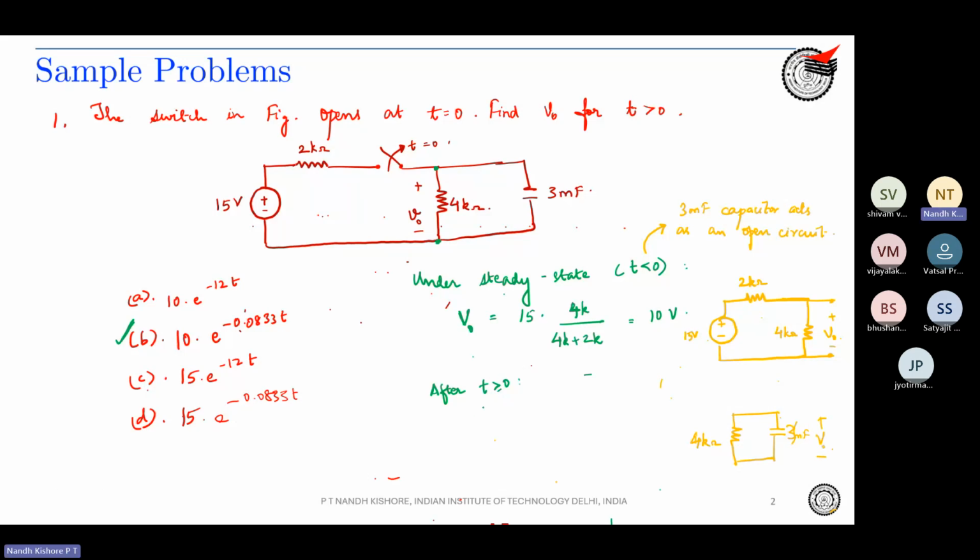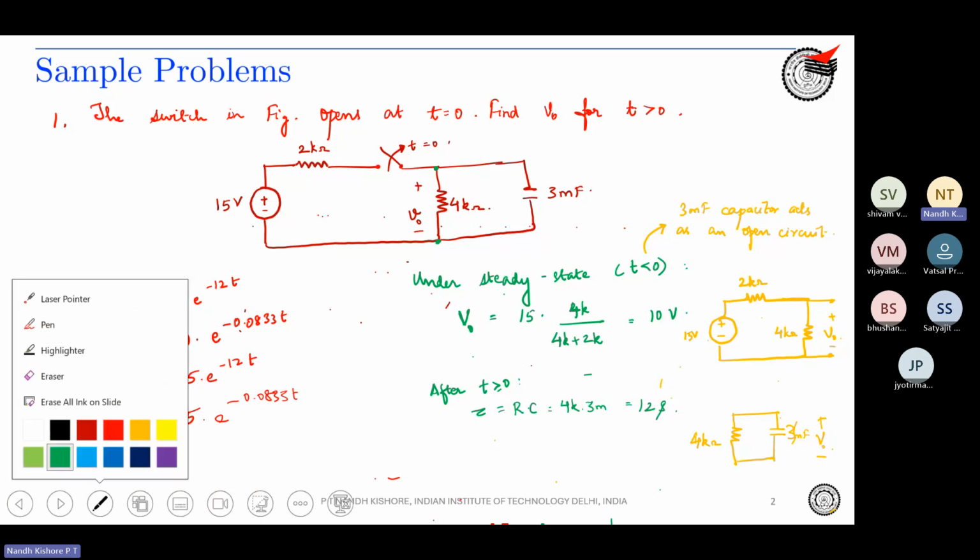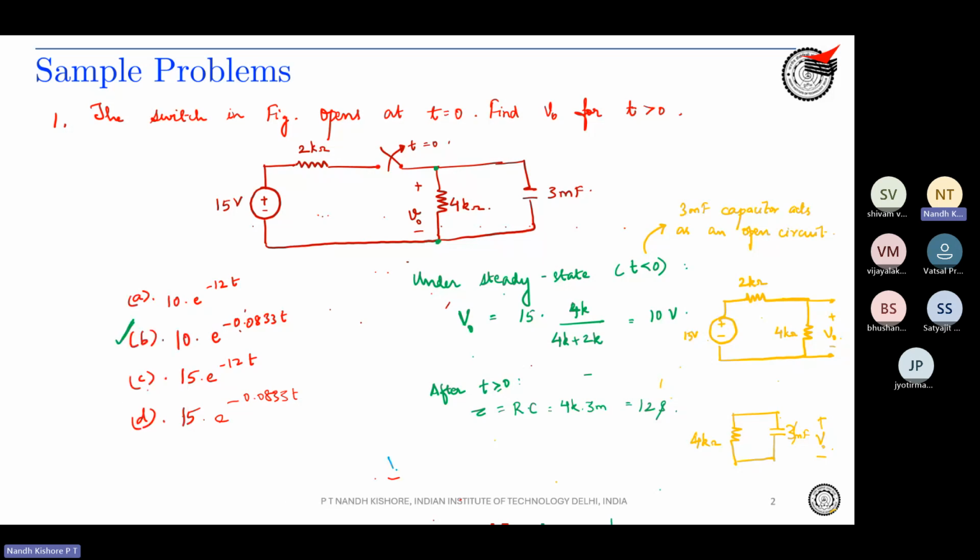So what is your time constant? Time constant is R into C, which in our case is 4K into 3 millifarad. Kilo and milli cancel out, therefore it gives you 12 seconds. This is the time constant. So now what is the output voltage? Your output voltage V naught is equal to capital V into e power minus t by tau.